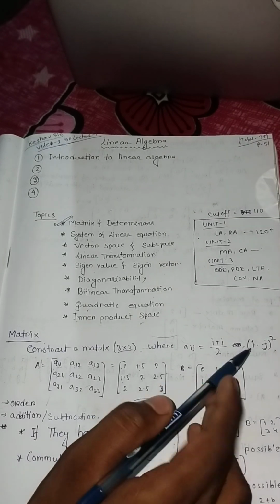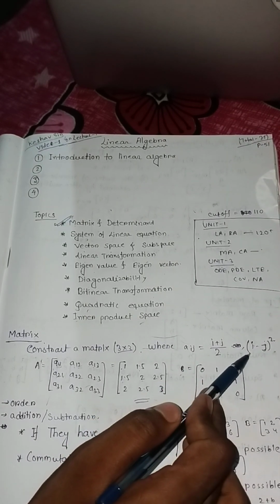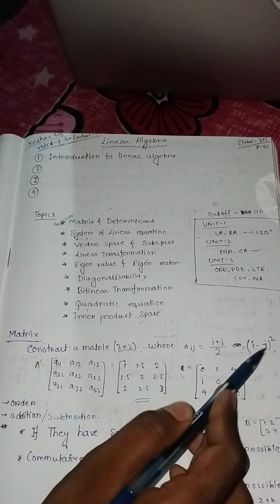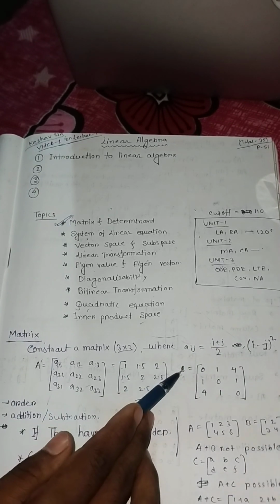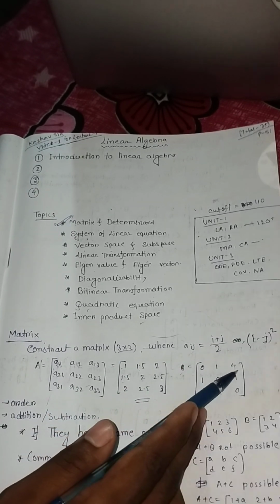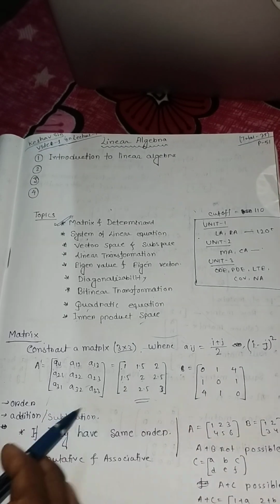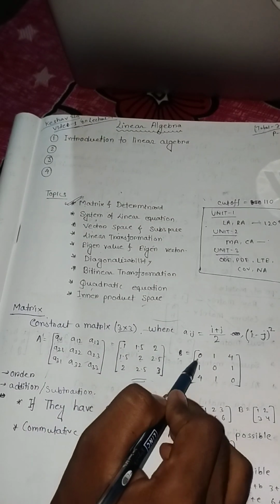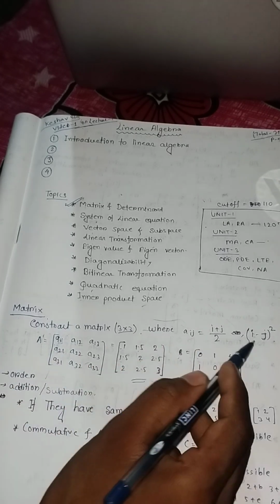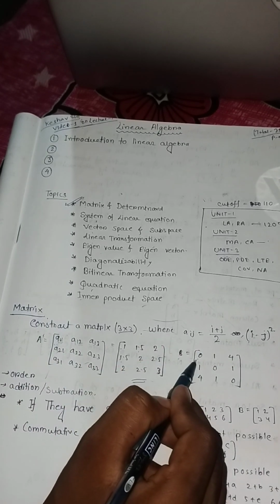Similarly, the B matrix comes from (i minus j) square. Here B is equal to 0 1 4, 1 0 1, 4 1 0. How does it come? For the first position, 1 minus 1 is 0, and 0 square is 0.